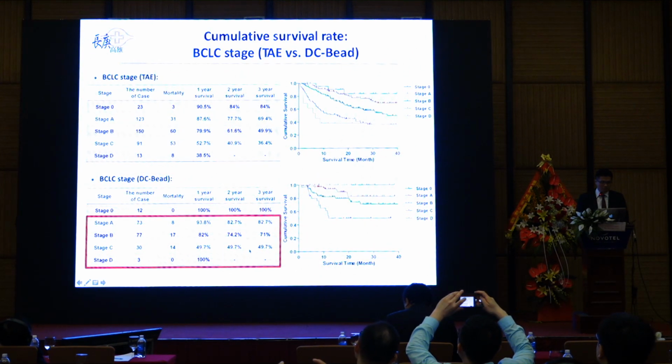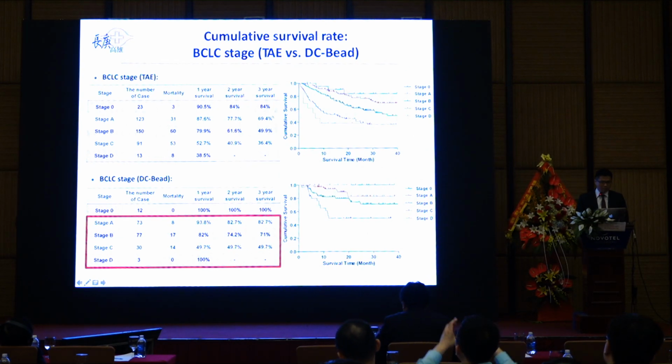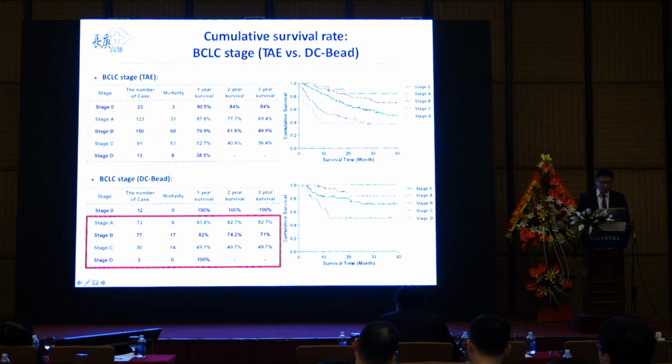And for the 3-year survival, as you can see, compared with conventional TACE, the survival rate is higher. When you see the Kaplan-Meier survival curve, in the stage A and stage B patients, even in these two groups, they did not reach the median survival. That means their survival is very good.